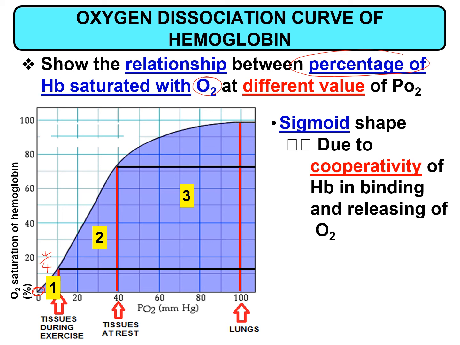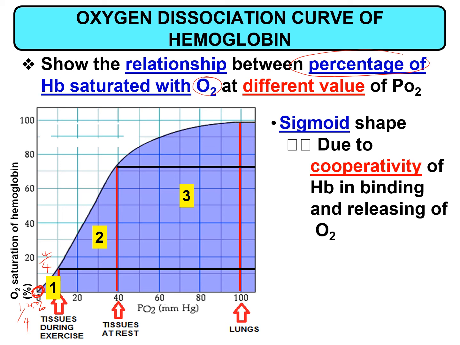That's why here 0 doesn't mean that they are not bound to the oxygen, but it means there is no hemoglobin that is fully saturated with the oxygen. Maybe only one oxygen binds to one hemoglobin, 1/4 equals 25%.